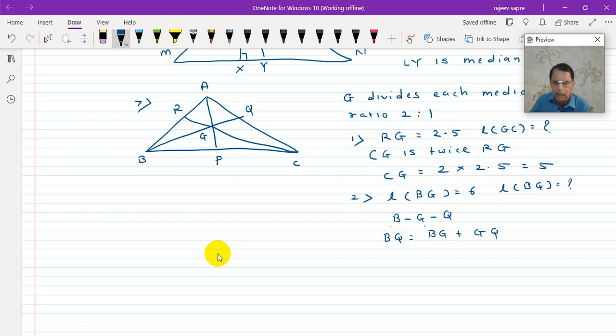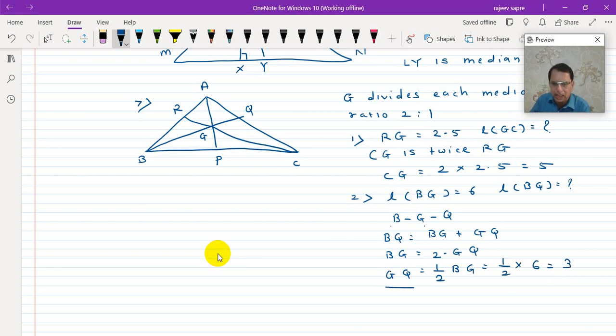But we know, as this is the centroid of the triangle, BG is 2 times GQ. BG is equal to 2 times GQ. So in short, GQ is 1/2 BG, but BG is given to you as 6, so 1/2 into 6 is 3.